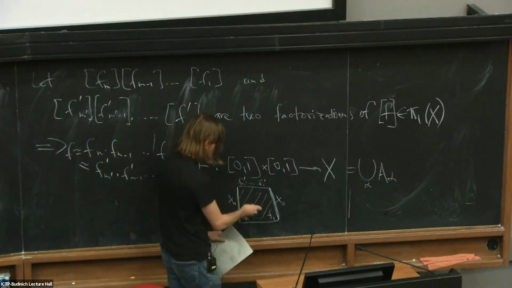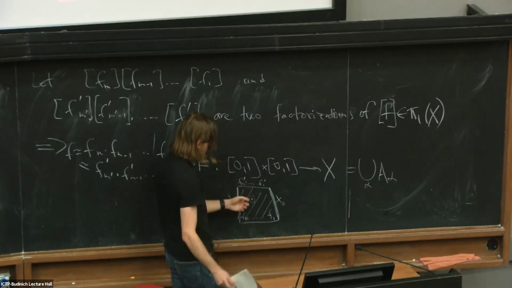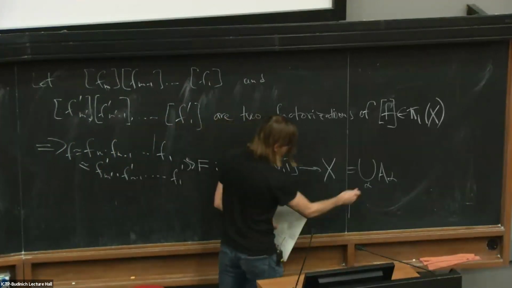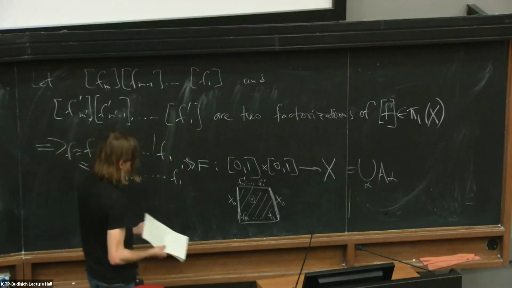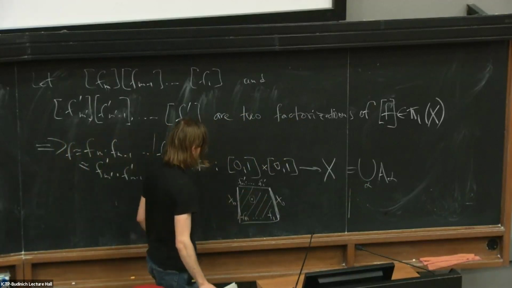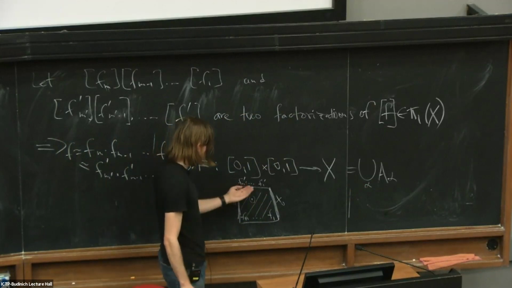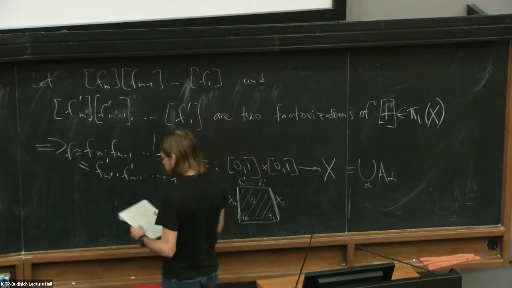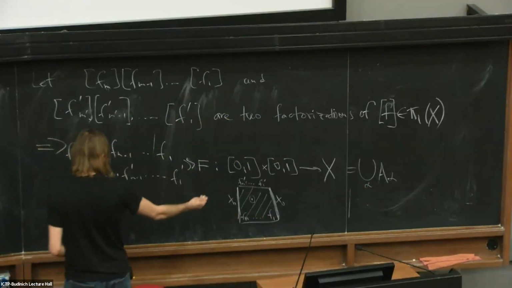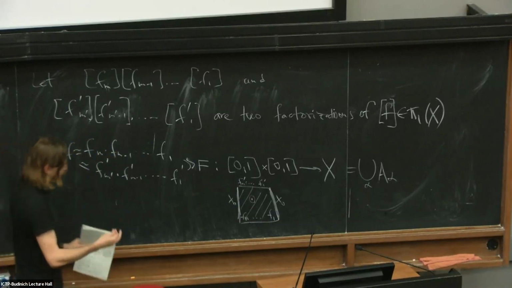For each point here, you can choose a small neighborhood so that the image of this neighborhood is contained completely in one of these alphas. You can do this for any point. This gives you an open cover of the square, and since it's compact, from the open cover you can choose a finite subcover. And moreover, since this has a product topology, you can always choose this finite subcover by choosing sufficiently small squares.